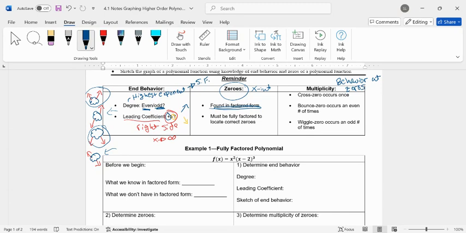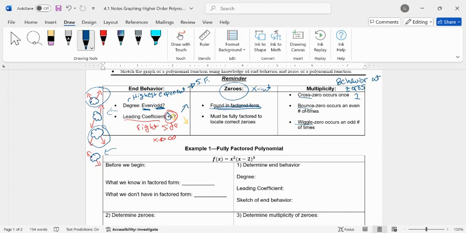Are we going to cross the x-axis at the intercept? Are we going to bounce and head back the other direction? Or are we going to wiggle across? Multiplicity refers to the exponent on each factor. So if you have a multiplicity of 1, if it's to the first power, you're going to cross at that zero.